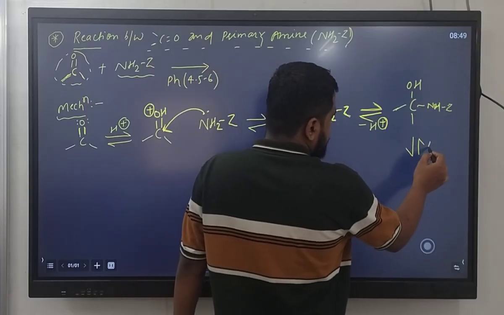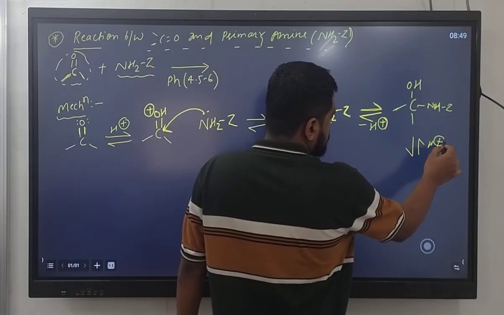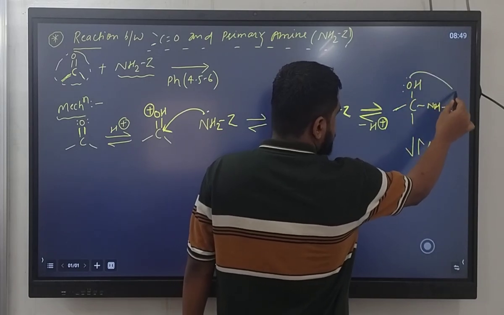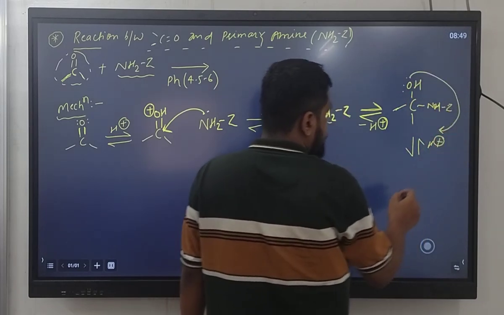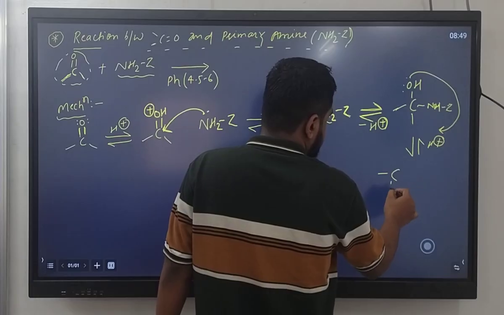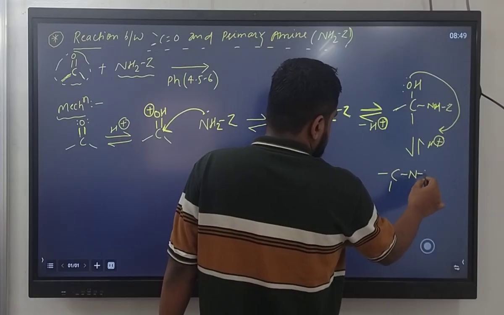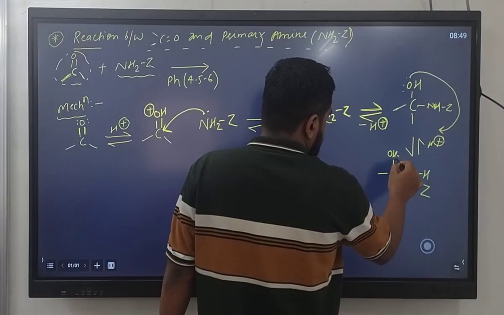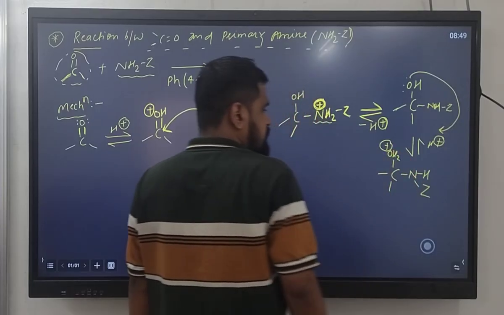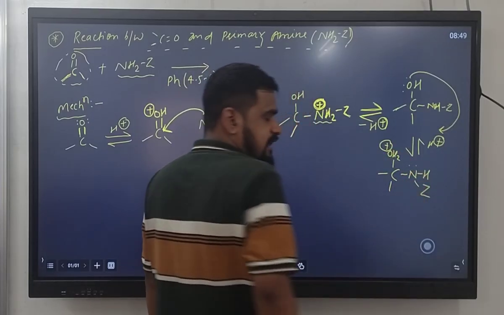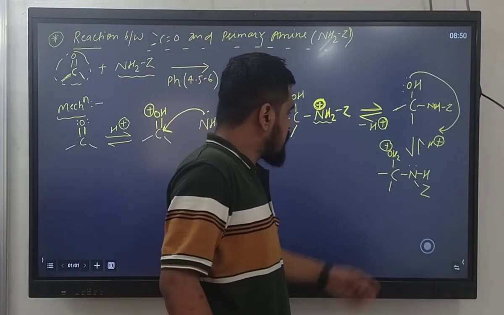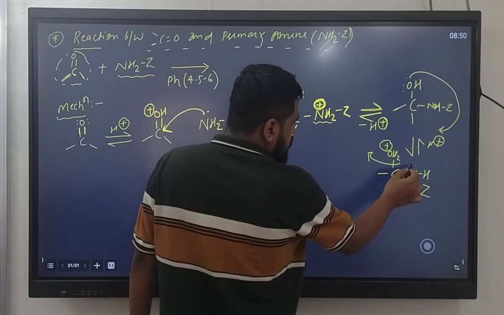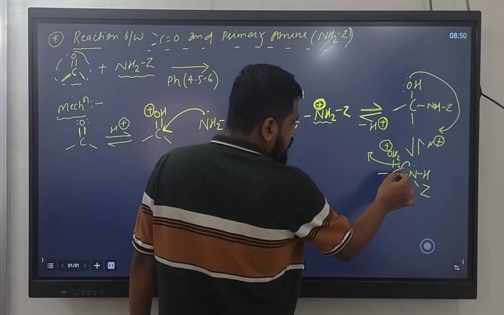Again we protonate, and OH minus abstracts this H plus, so you will get OH2 positive. Here a lone pair is generated on this nitrogen, so water acts as a leaving group, and the nitrogen lone pair donates to this carbon.